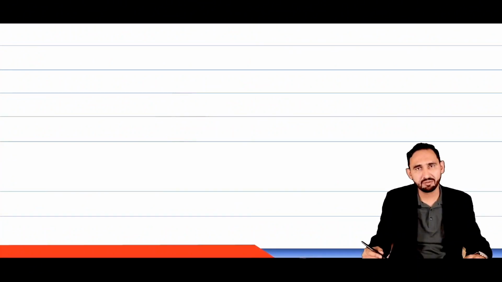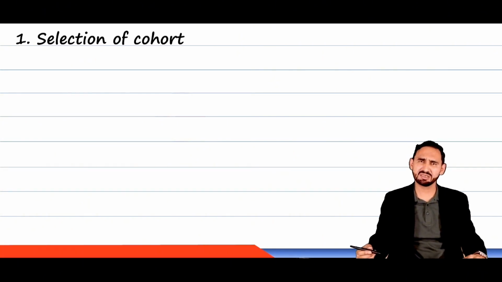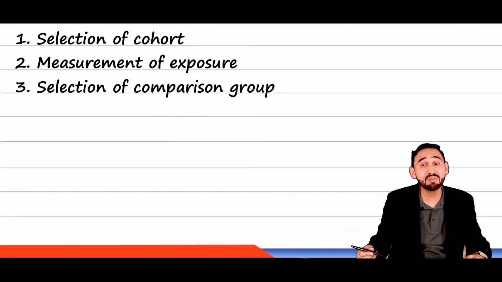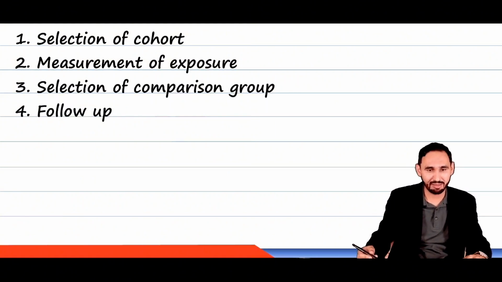We'll discuss various steps involved in conducting a cohort study. Like selection of cohort. We select a group. Then we measure the exposure of this group. Then we select the comparison group or control group. Then we do follow-up.